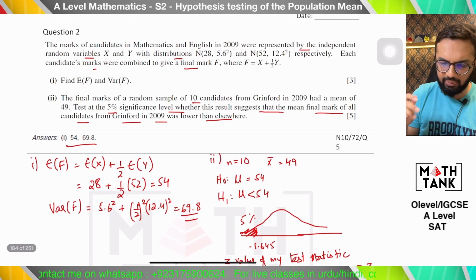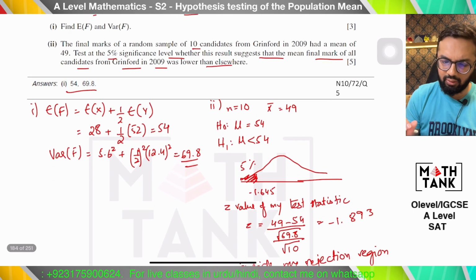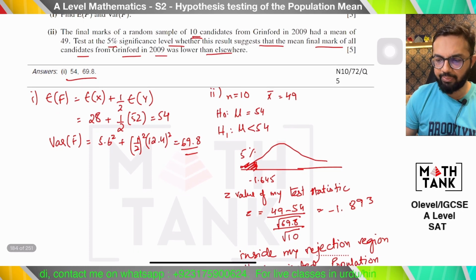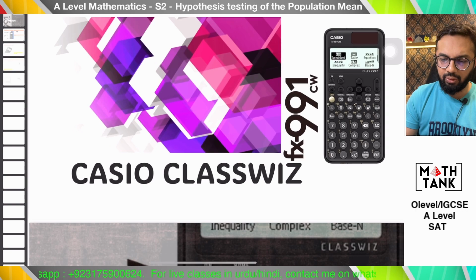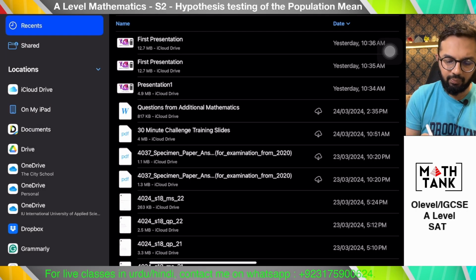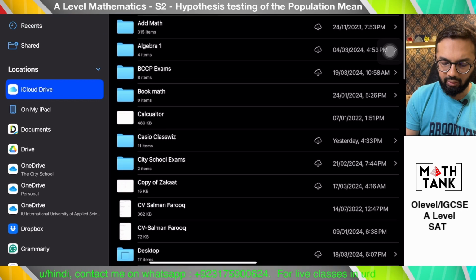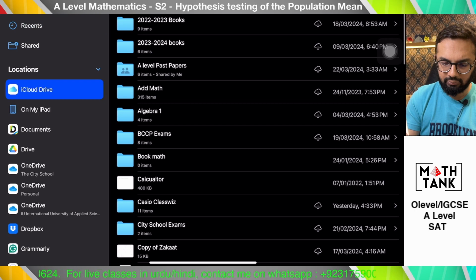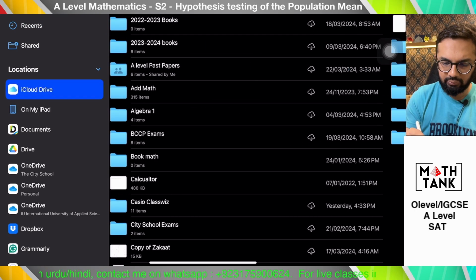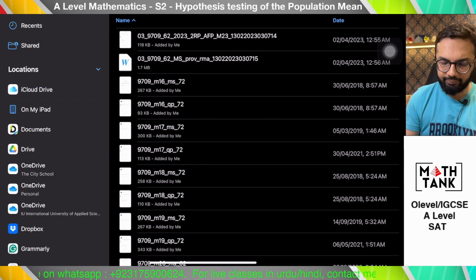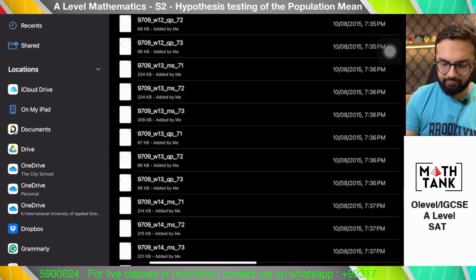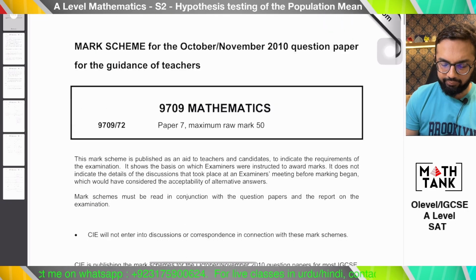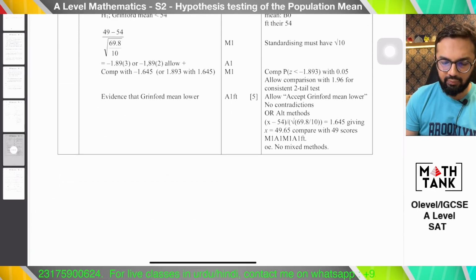The only thing is that this question doesn't say anything about Greenford. So there were just 10 candidates. Let me just check the marking scheme for this one so that we are absolutely sure of what's going on. So I think question number 5, if I'm correct.